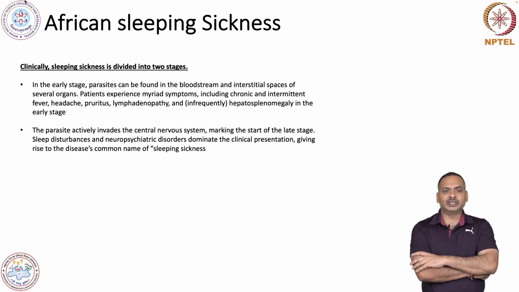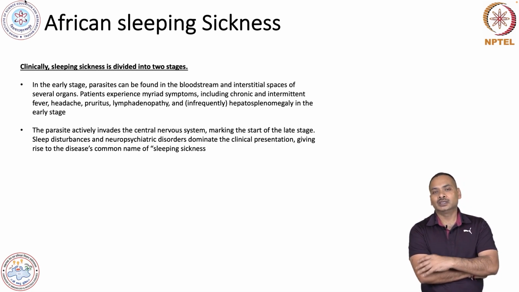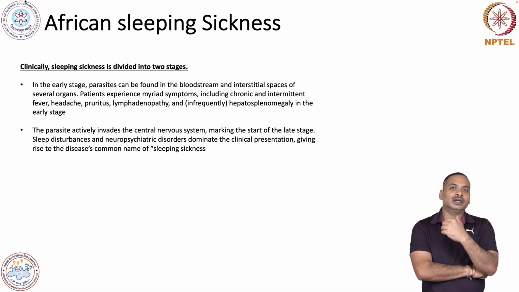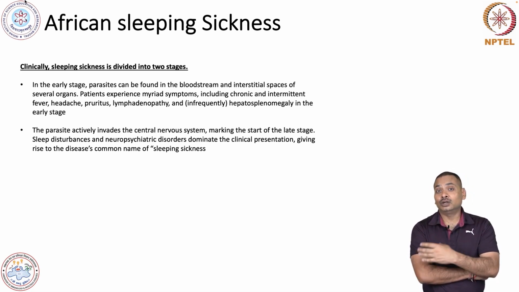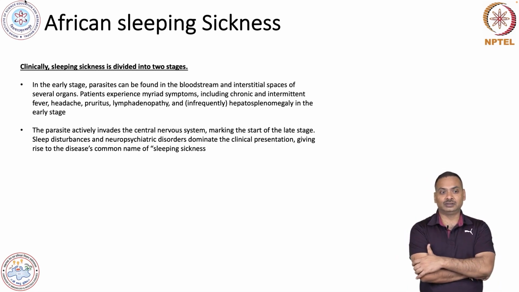Along with the neuropsychiatric disorder, this dominates the clinical presentation, giving rise to the disease's common name, sleeping sickness. At this stage there may also be a loss of consciousness in a very advanced stage.